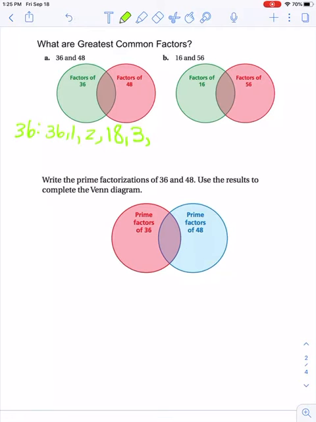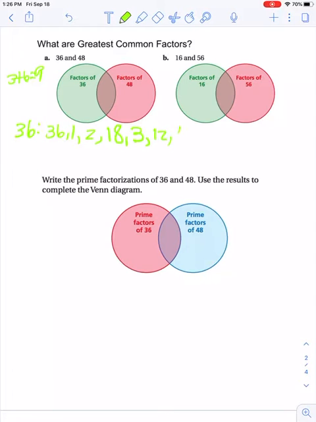Well, I'll know by my divisibility rules. Remember, if I add the two digits together, 3 plus 6, I get 9, and that's divisible by 3, so then 36 is divisible by 3. But what will it be? Well, 36 divided by 3. 30 divided by 3 is 10, and 6 divided by 3 is 2, so I know it's going to be 12. So 3 times 12 will be 36.